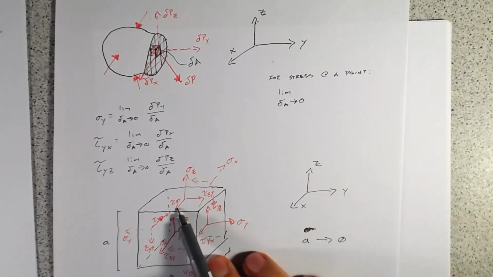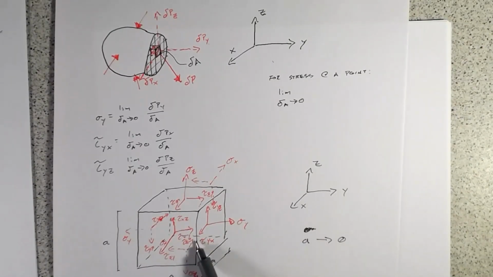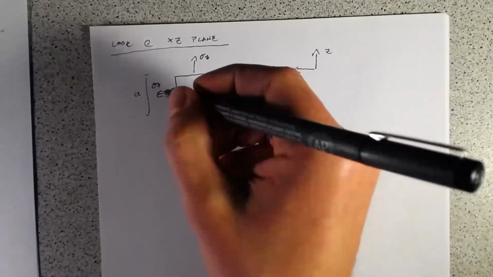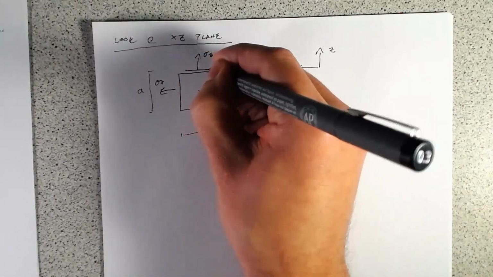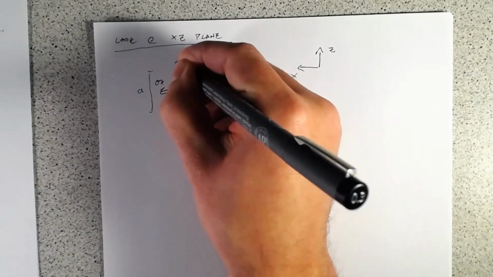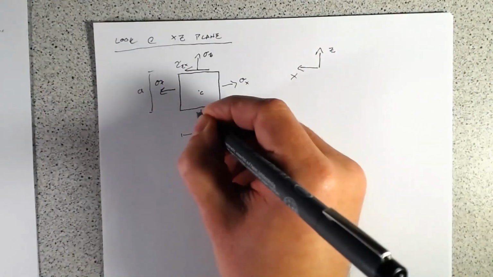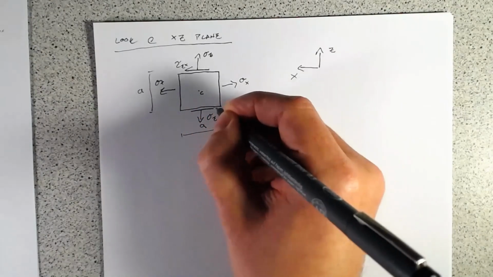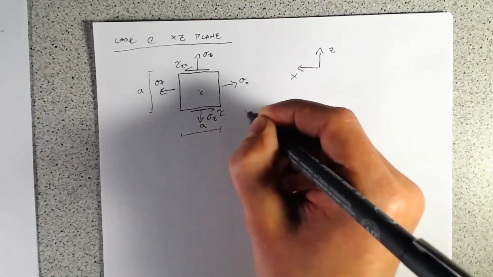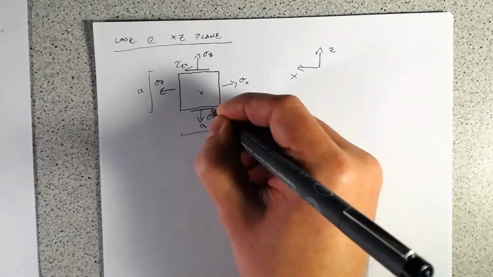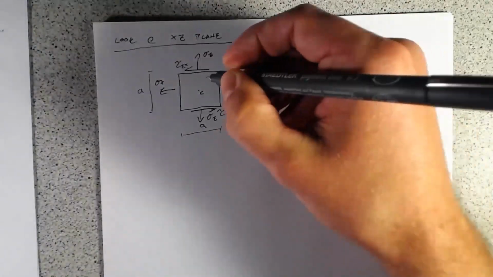So we have a shear stress ZX on the top, and on the top it goes in the positive X direction. So that's our tau ZX. And on the bottom, we have tau ZX, but going in the opposite direction.